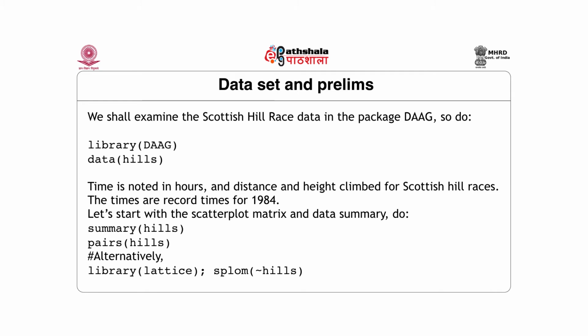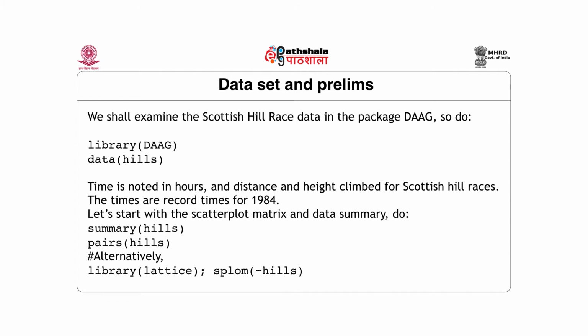What they had basically done is that they had transformed some time intervals from the original Scottish Hill Races and created a data set which is known as hills. And we're going to use this data set for this particular analysis. In hills, the time is noted in hours as opposed to minutes, and then you've got the distance and the height climbed for the Scottish Hill Races.